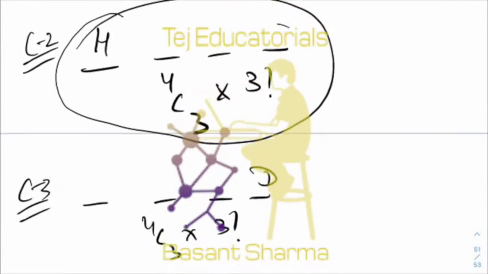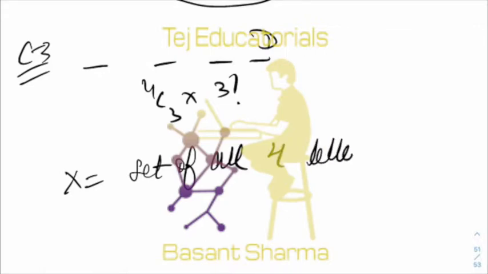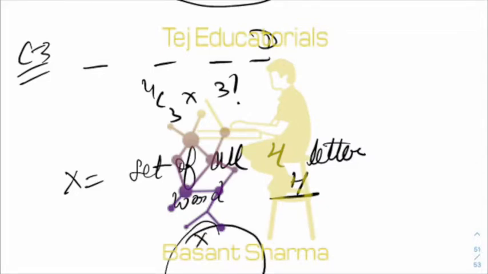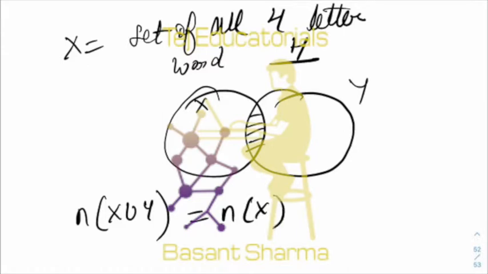So basically, if you think in terms of set theory, let X be the set of all 4-letter words starting with H, and let Y be the set of all 4-letter words ending with D. And this is your X intersection Y, all the words which start with H and end with D. So what we want is the number of elements in X union Y, which is n(X) plus n(Y) minus n(X intersection Y).